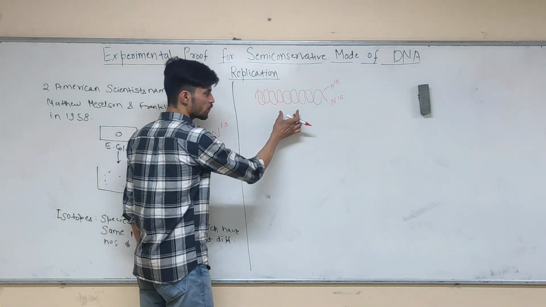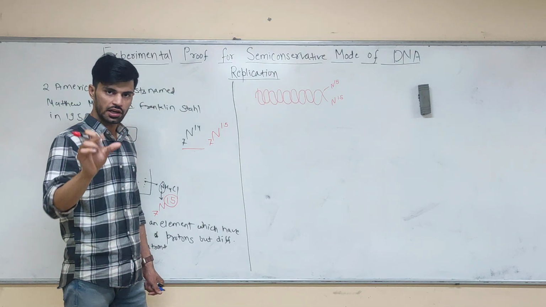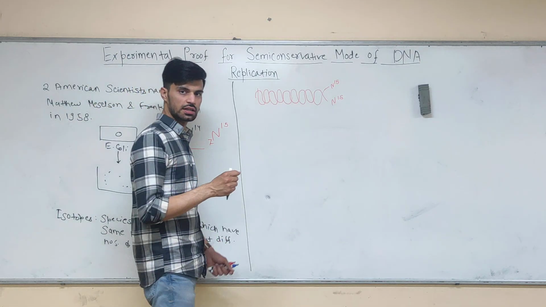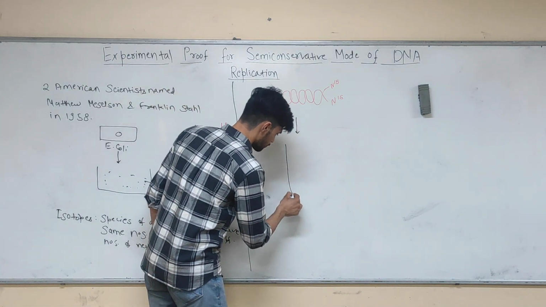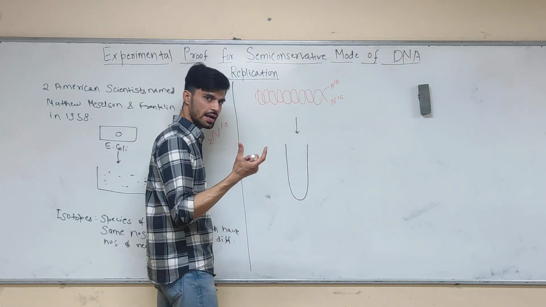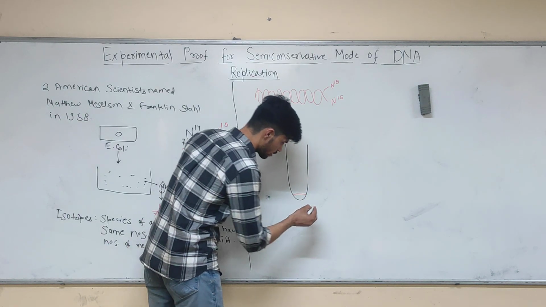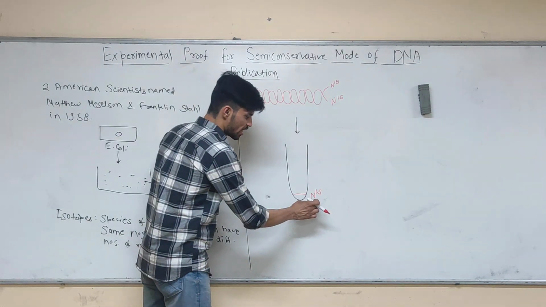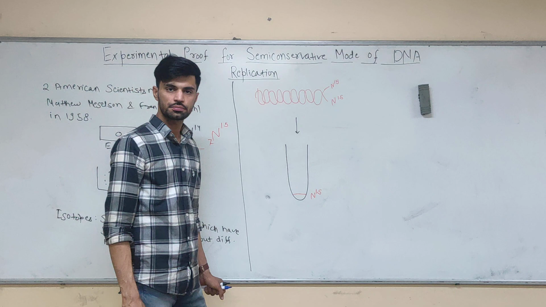And if I centrifuge this DNA in the CsCl density gradient medium, then somewhat this kind of result comes: this test tube will have a density band at the bottom part, like here, of N15, because we know that the N15 kind of isotope is heavier, so it will settle down at the bottom part.